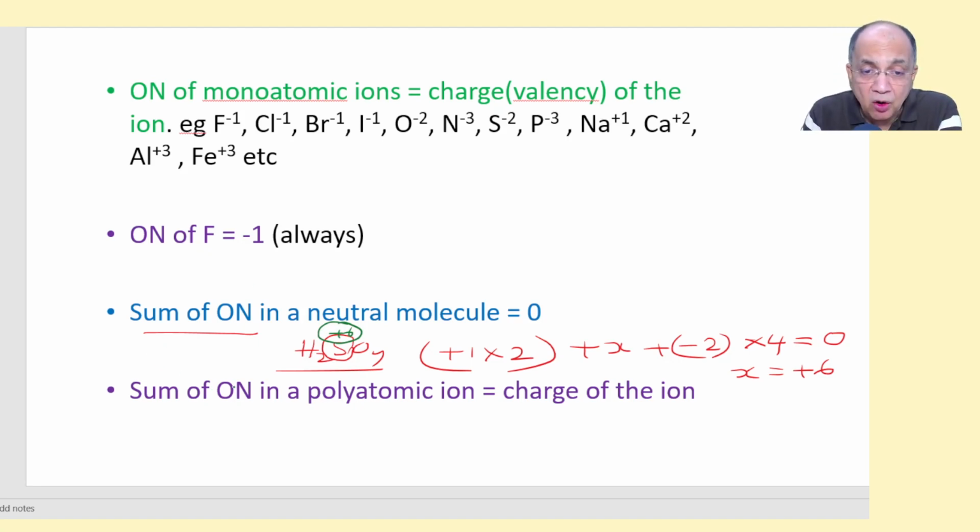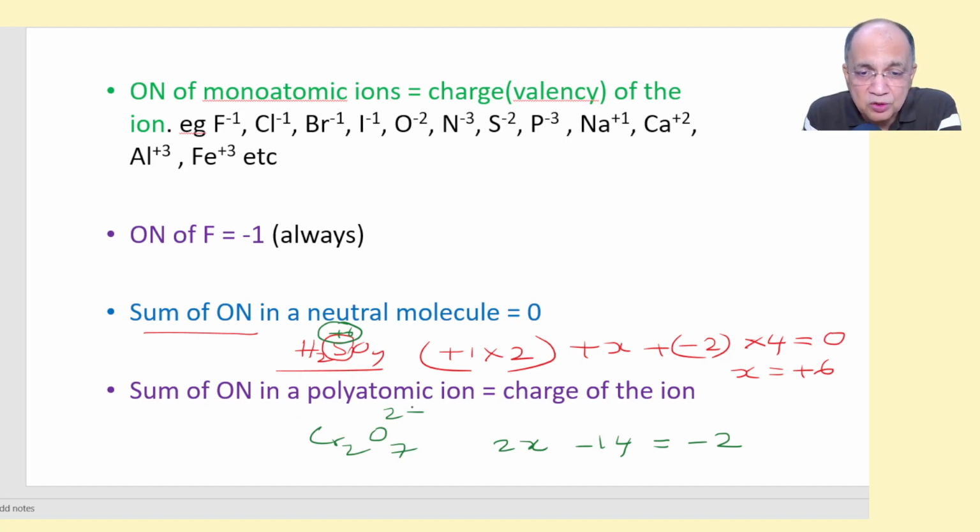If it is an ion, supposing we are having dichromate ion, presume that both the chromium atoms are of identical structure. So we have to take it 2x. 2x minus 14, 1 oxygen is -2, so 7 minus 14 is equal to -2, not 0, because it is not a neutral molecule, it is an ion.